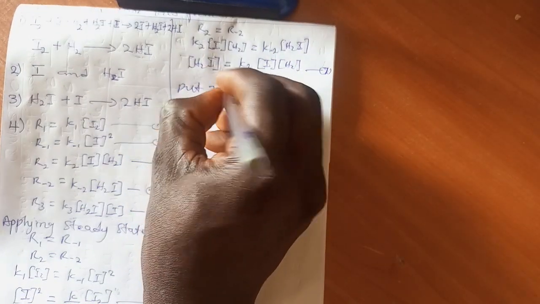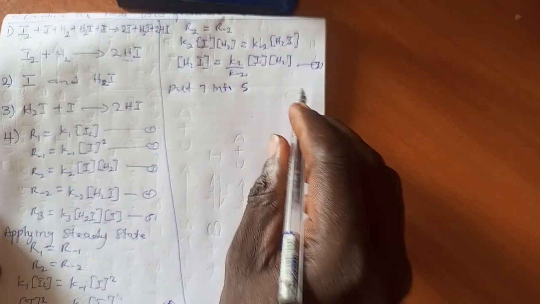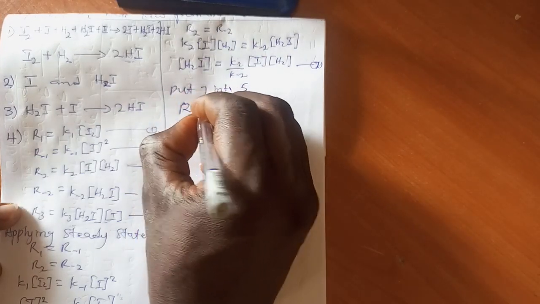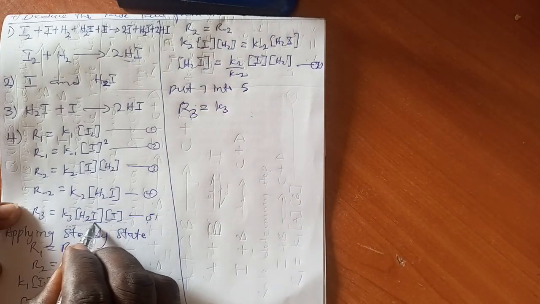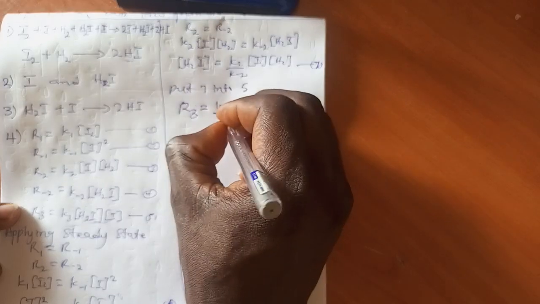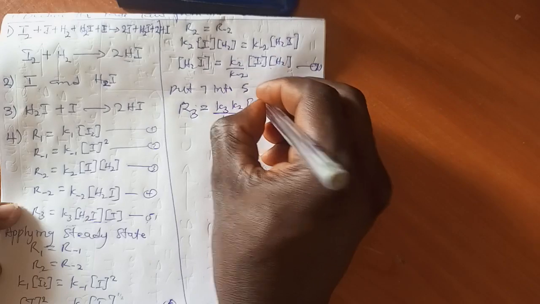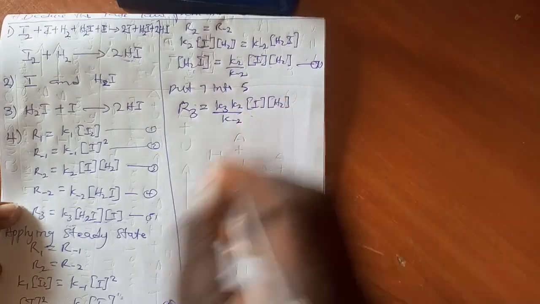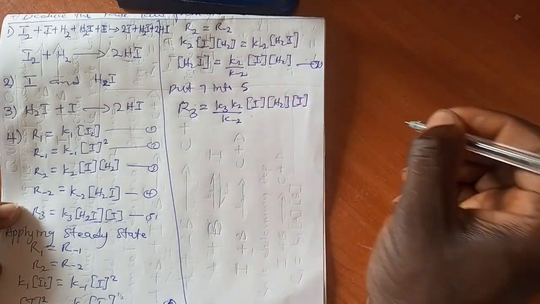When you are putting 7 into 5, what is 5? This. Then I will be having R3 is equal to K3, what is H2I? This is my H2I. I'll put that, which is K2 over K minus 2, I, then H2. Then I have another I remaining, which is this I. Do you get me here?